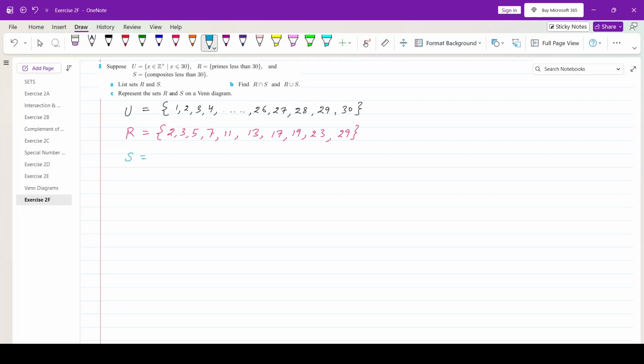S is a set of composites less than 30. So S will be 4, 6, 8, 9, 10, 12, 14, 15, 16, 18, 20, 21, 22, 24, 25, 26, 27, and 28.